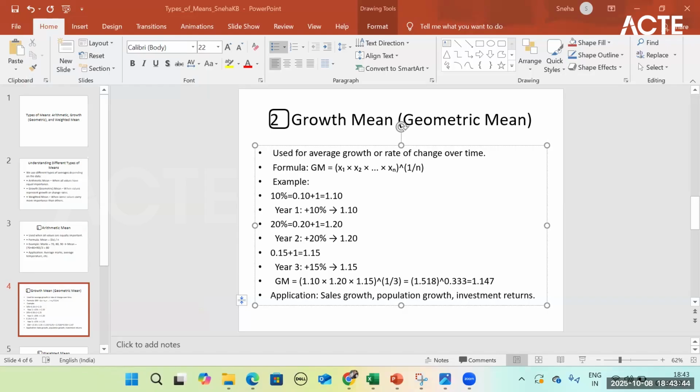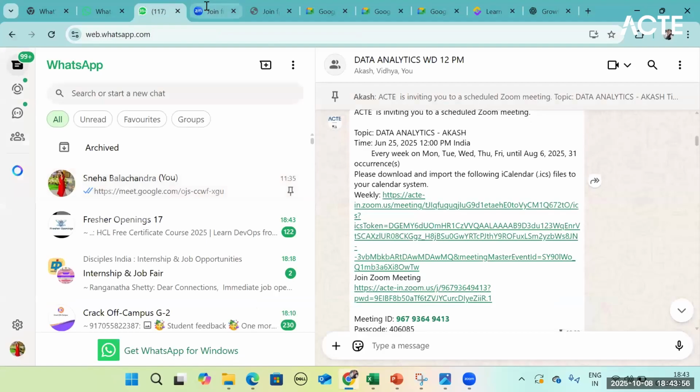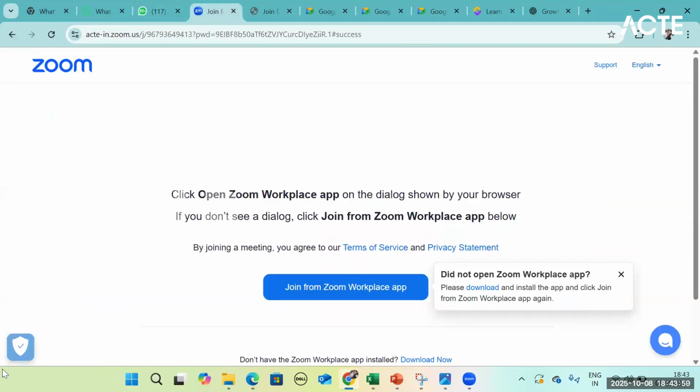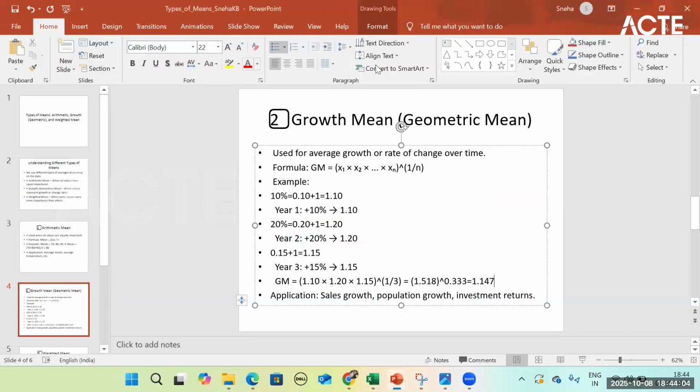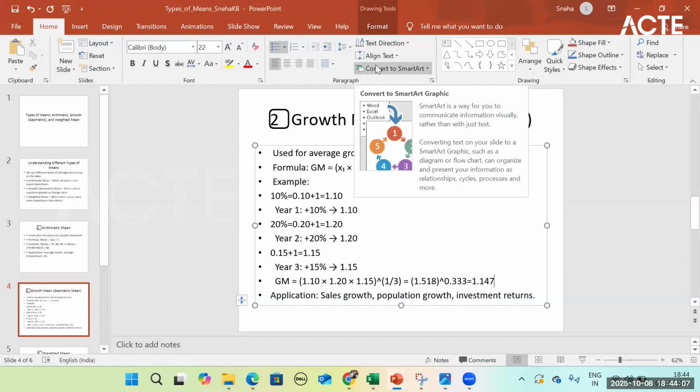Check. No, ma'am. I will give you the screenshot of my phone. Okay, 1 minute. I'll send it to you personally because I don't want Akash also to get confused. Okay, ma'am. So I'll send it to you personally. 1 minute. See?